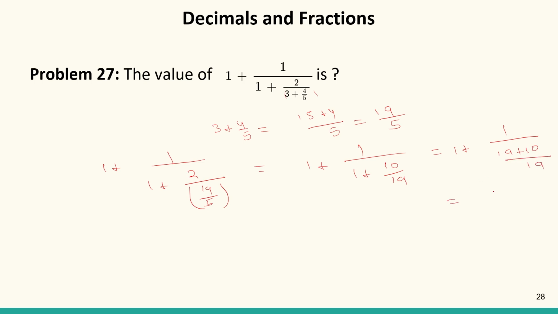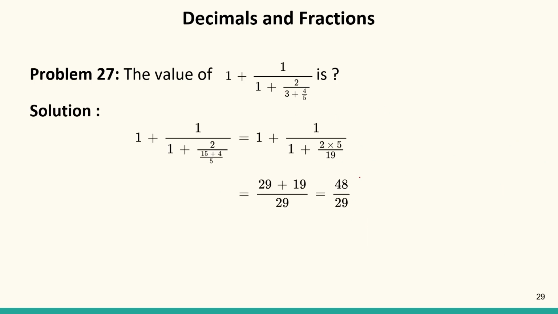So this is nothing but 1 plus 19 by 29. So 29 plus 19 by 29, which is 48 by 29. 48 by 29 is the final answer.